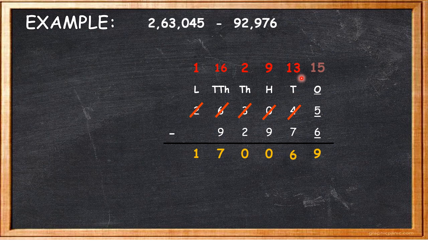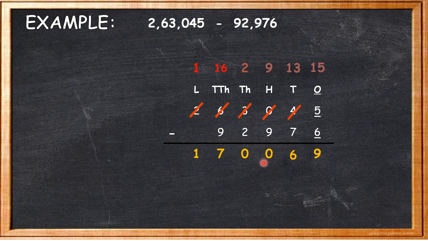So it will become 13, and this will become 900. So 13 minus 7 is 6. Yes. Now the 100's column. This 0 has become 9. So 9 minus 9 is 0.